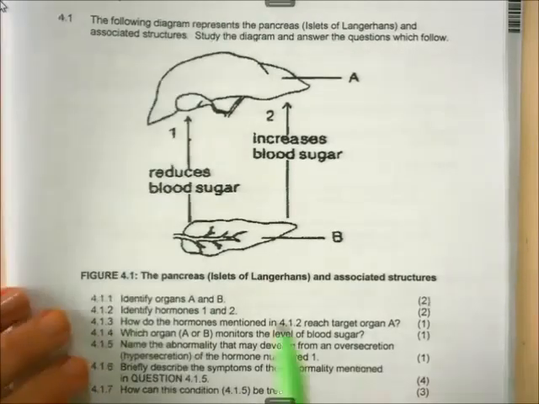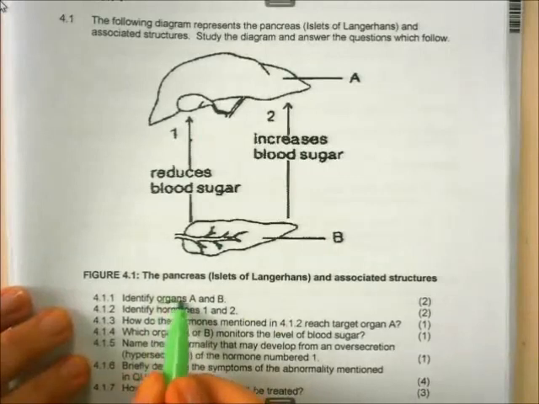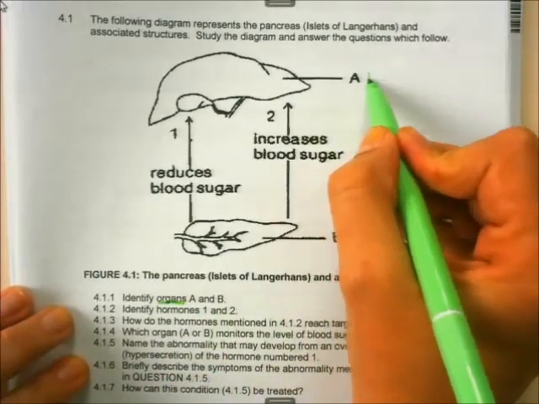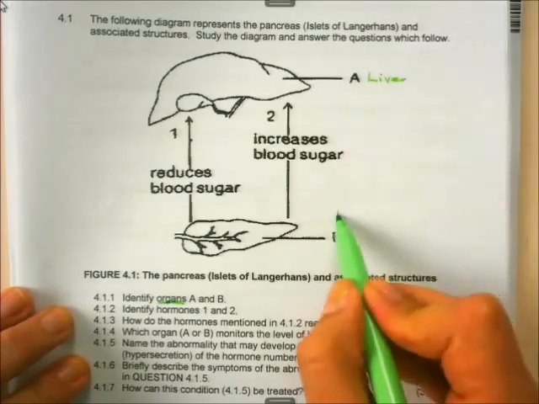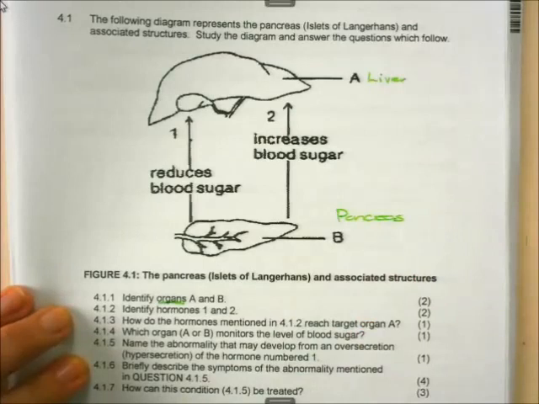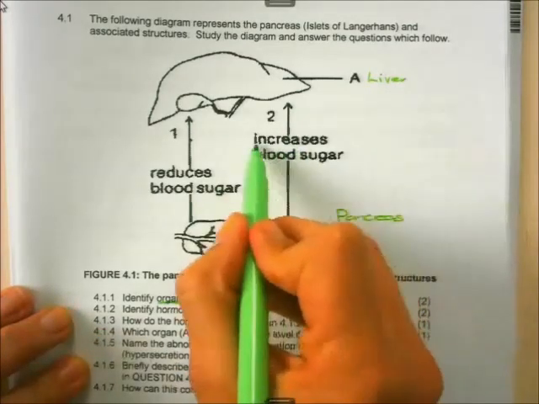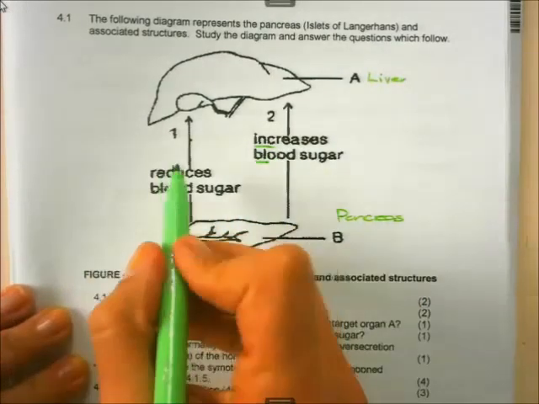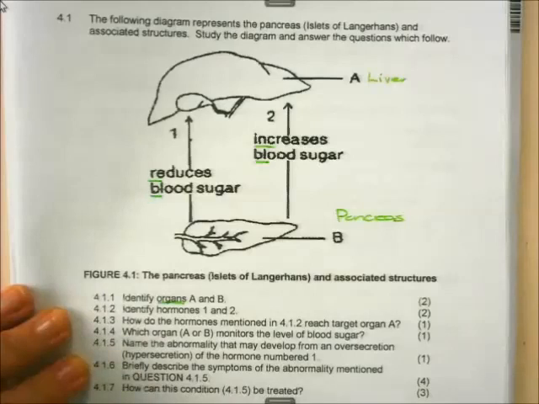Identify organ A and B. A is the liver, B is the pancreas. I think that is straightforward. Identify hormones 1 and 2: one increases blood sugar level, one reduces blood sugar level. I give you time so that you can think about this one.